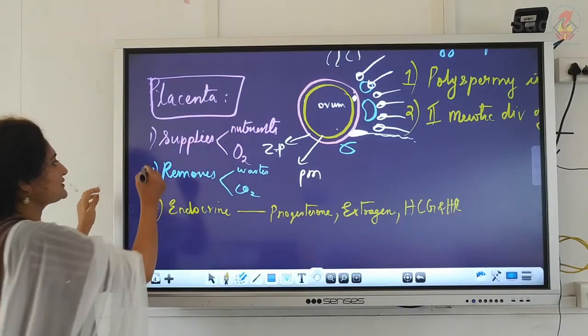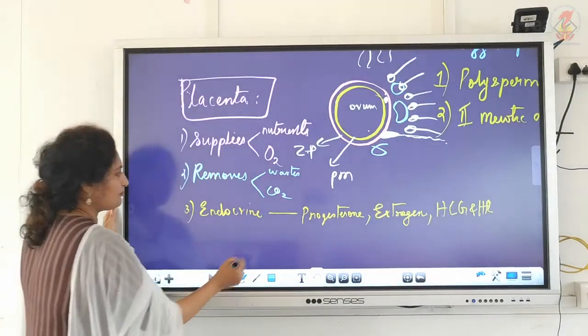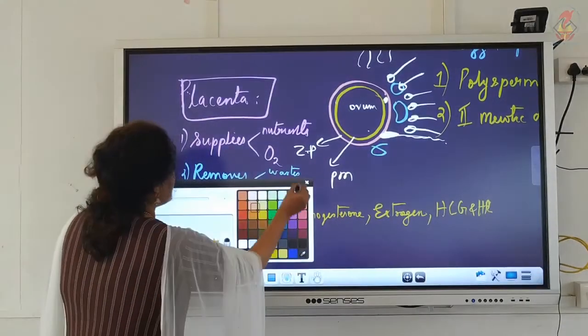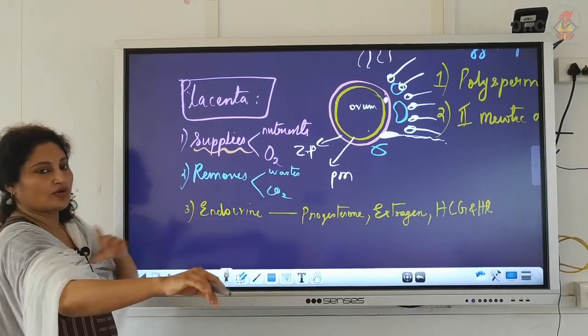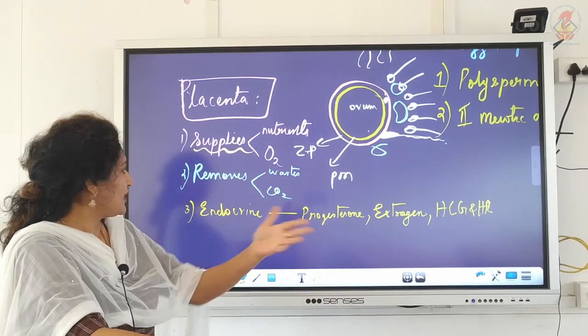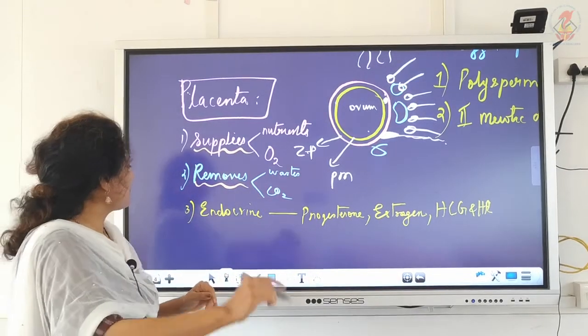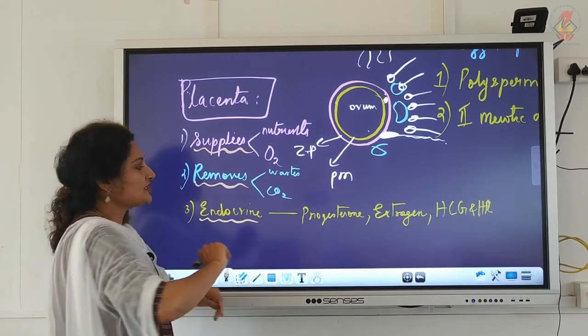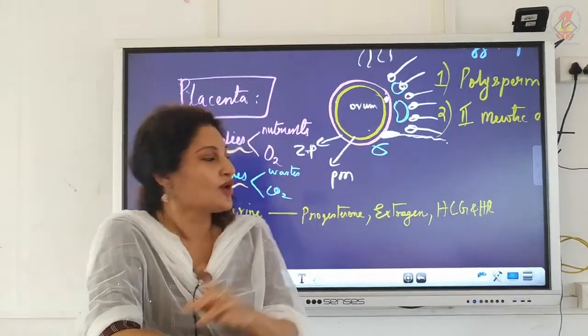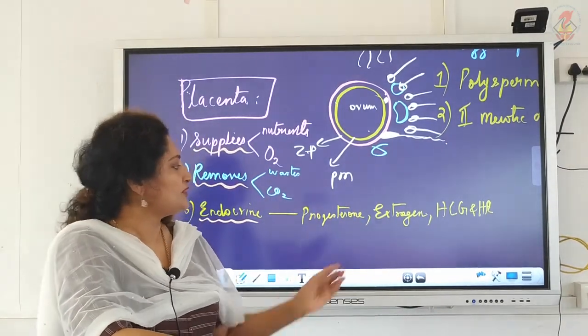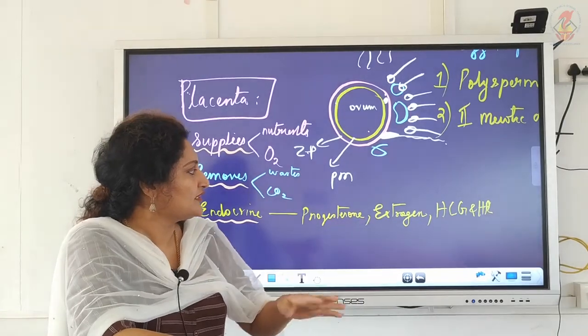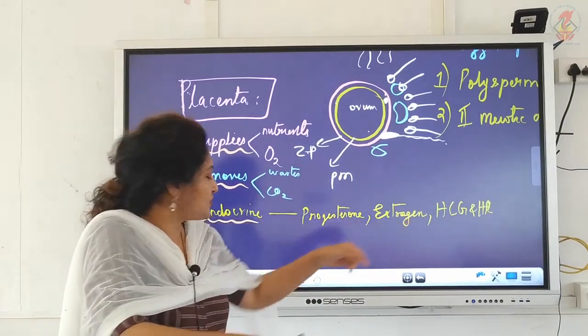The functions of the placenta: one, it supplies nutrients and oxygen to the embryo. Second, it removes waste and carbon dioxide from the embryo, and lastly, it is endocrine in nature. It produces hormones like progesterone, the pregnancy hormone, traces of estrogen, then HCG and HPL.